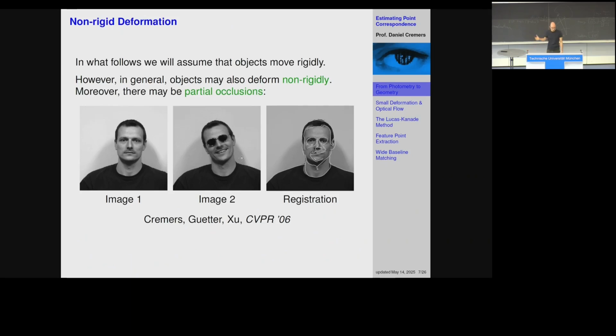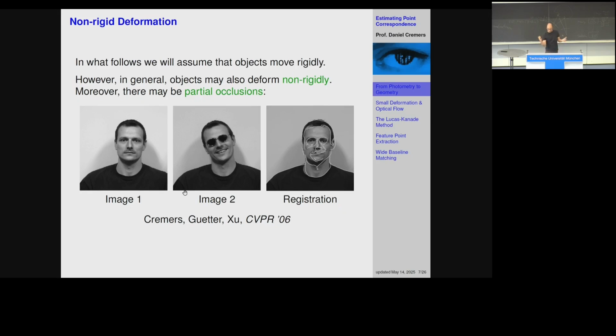So here's an example of outliers. You see these two images. This is my then-collaborator, Christoph Gütter. One image where his head is straight, one where he's bent, and you see it's not the same. In one image he has sunglasses, in the other one he doesn't. In one image he smiles and you see his teeth, in the other one you don't.